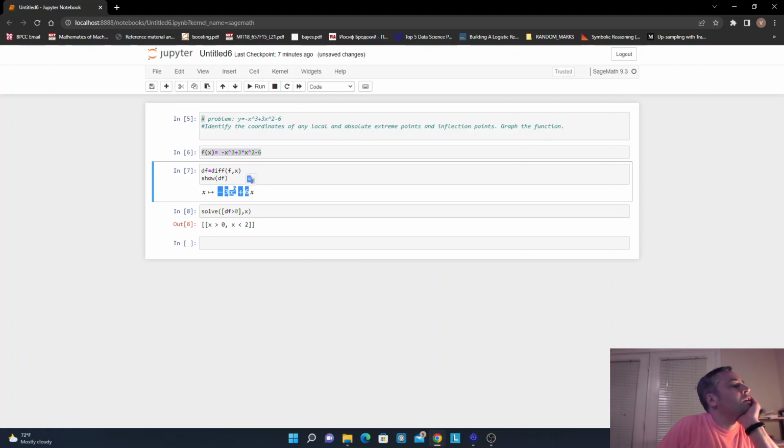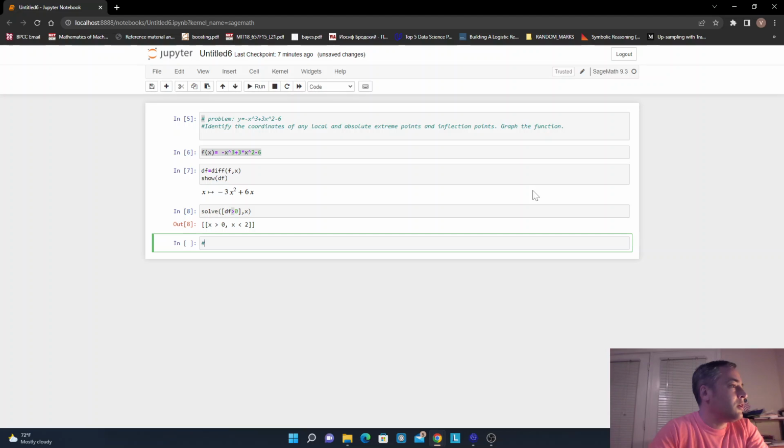Here we go. So it is bigger than 0 when x is bigger than 0 and x is less than 2. So I can make it into a comment: derivative positive on interval from 0 to 2.